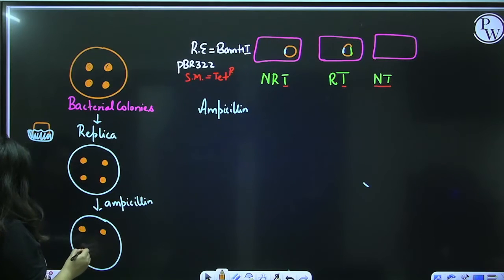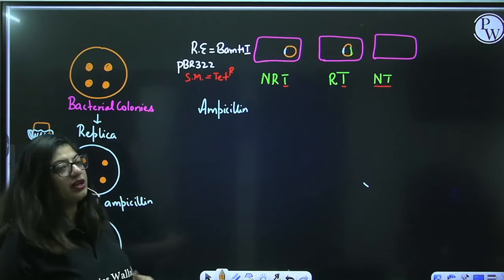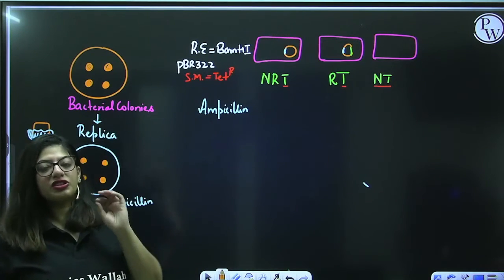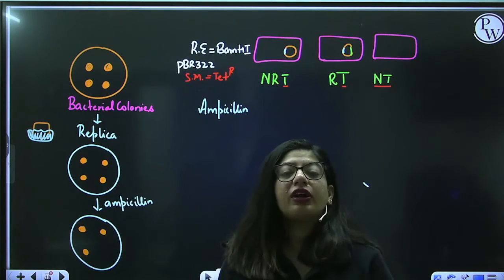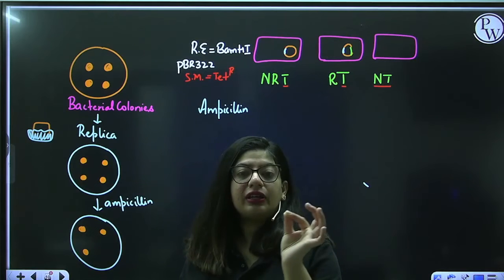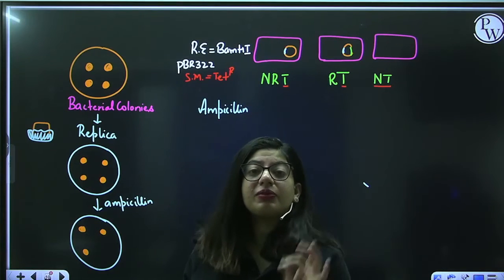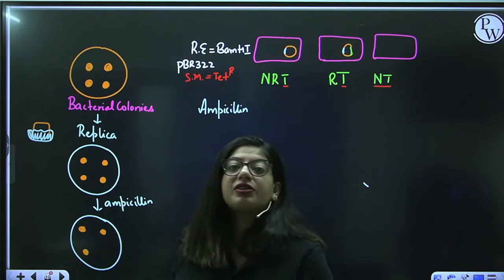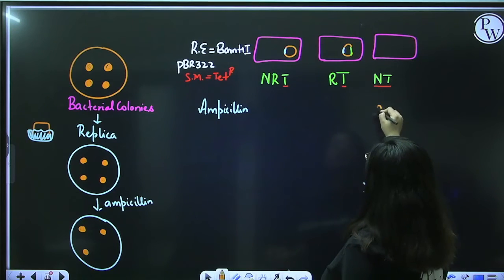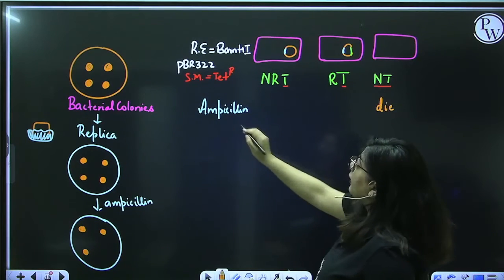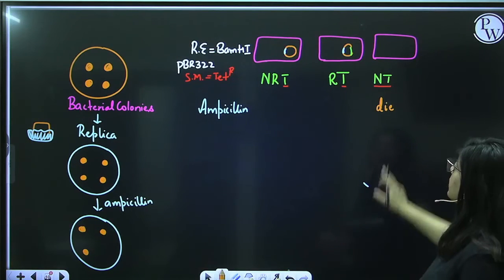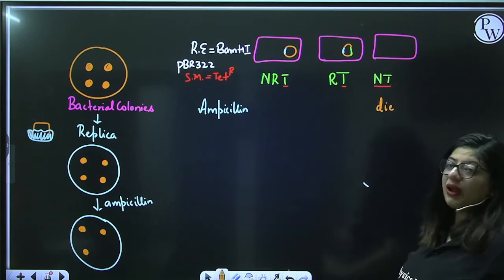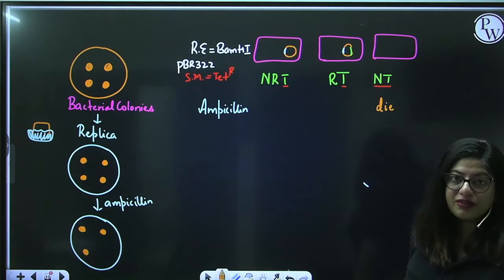Now the bacterial colonies that will die, which are those colonies? Those colonies which die are the ones which are non-transformant, because they are not able to survive in the presence of ampicillin. That means they don't have the ampicillin resistant gene. So these bacterial colonies will die in the presence of ampicillin antibiotic, because the non-transformants don't have the plasmid and they don't have the ampicillin resistant gene.